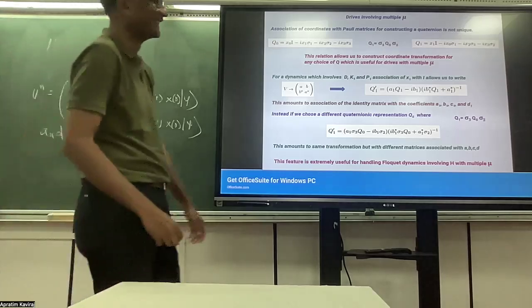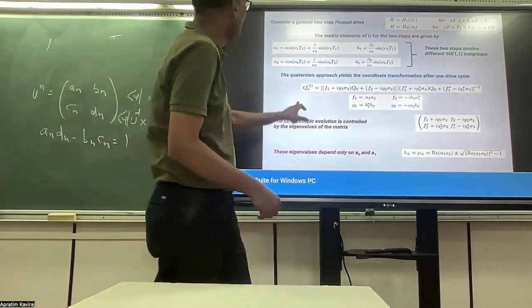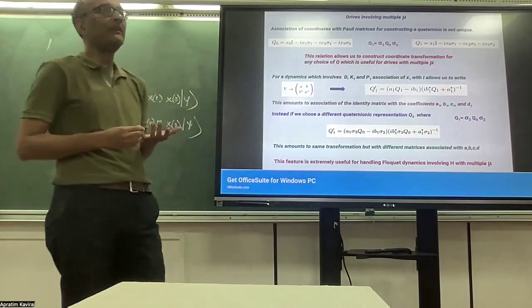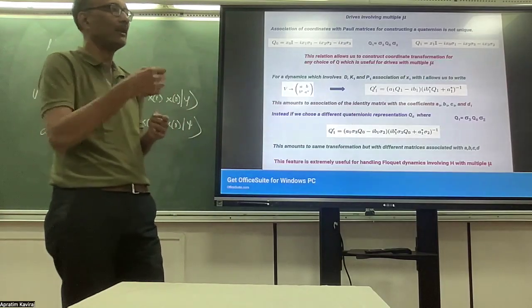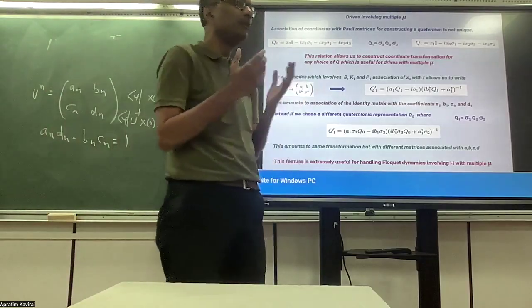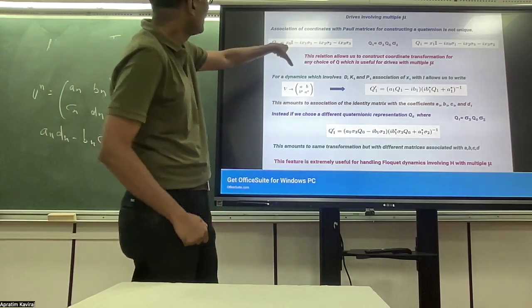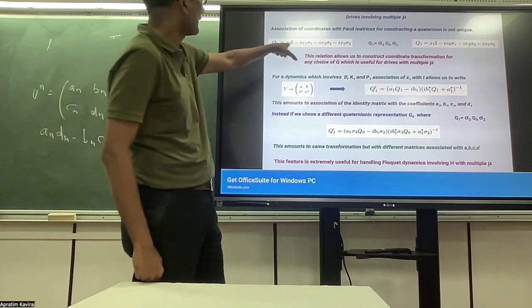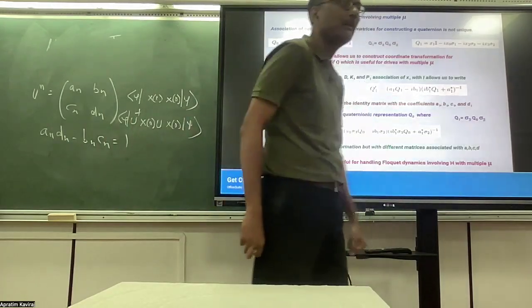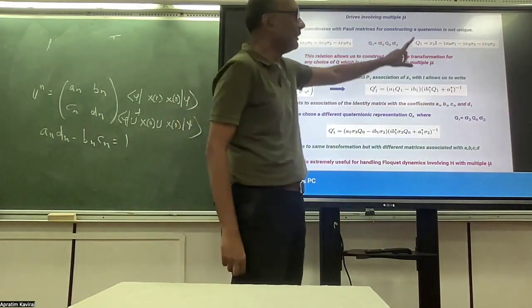Okay. But what about this extra degree of freedom of choosing these coordinates and associating something with the identity? It turns out this is a very useful freedom. Think of having a Q0 where I associate X0 with the identity, and a Q1 where I associate X1 with the identity. Then these two are related simply by this.